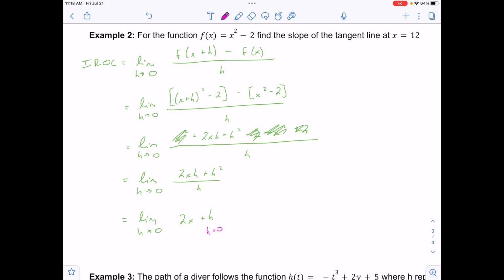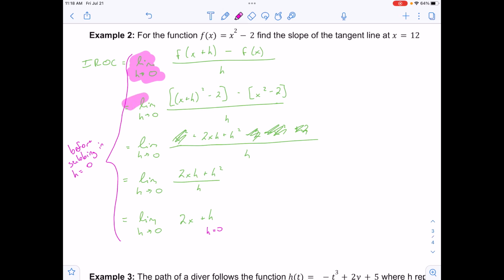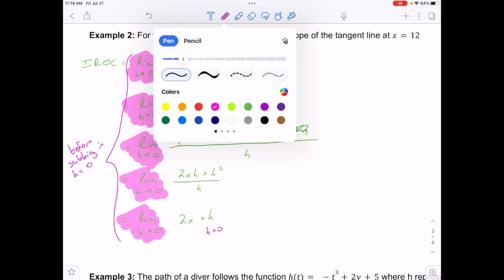For all of the steps beforehand, you have to keep writing limit as h approaches 0. You've got to keep all of this until this very moment when you've finally gotten rid of the h in your denominator. Then you substitute in 0, and now we're just looking at the function.